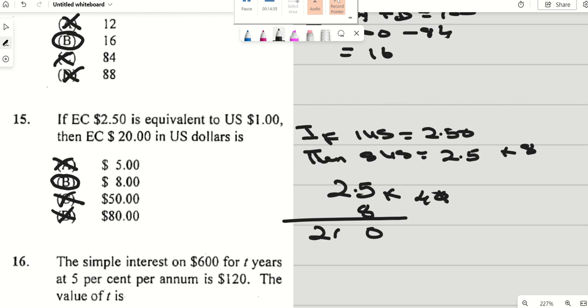So we have 20 here, and then you carry back a decimal point. So we do get 20 EC. So our answer is B.